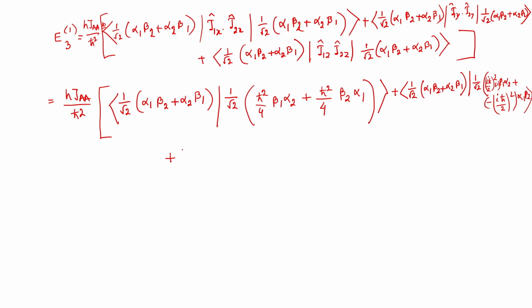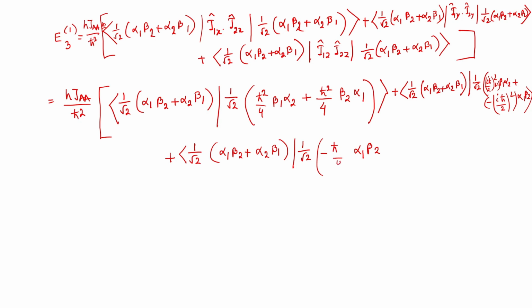And here you are going to get 1 by root 2 alpha 1 beta 2 plus alpha 2 beta 1, 1 by root 2. Here alpha 1 beta 2 will be there. Here the thing is that you are going to get a minus sign, I guess.